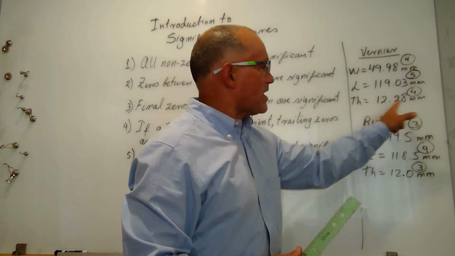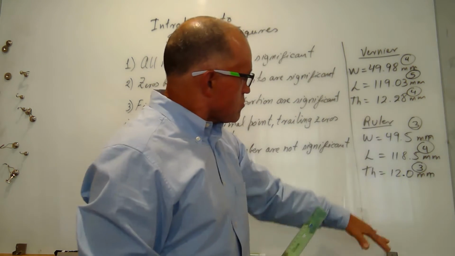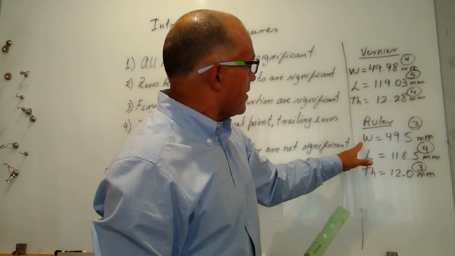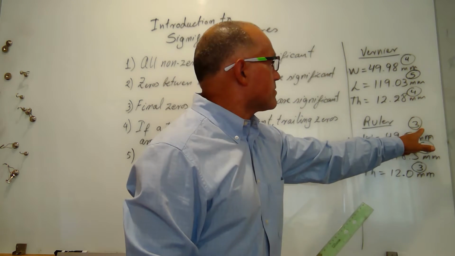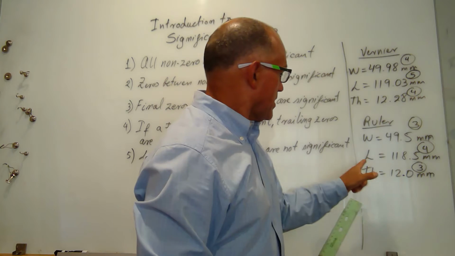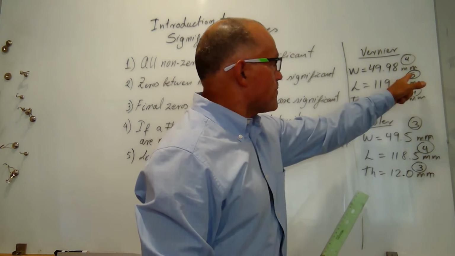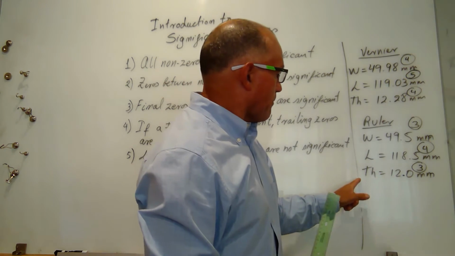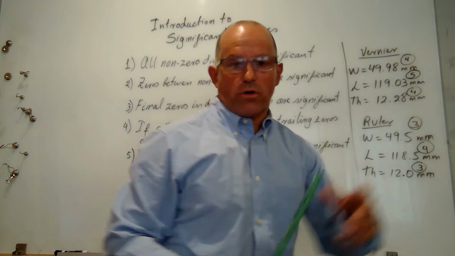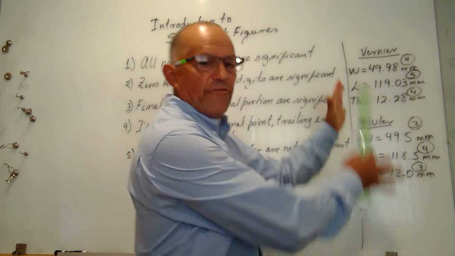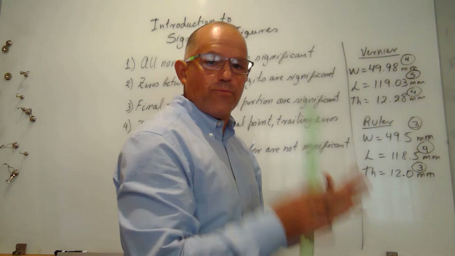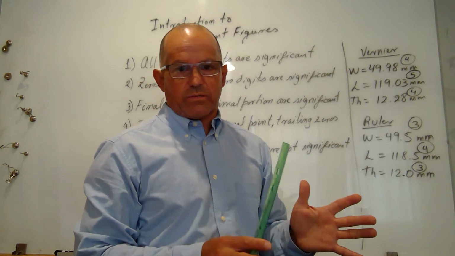For the thickness, I count 4. On the ruler, the width has only 3 significant figures compared to 4 with the vernier. The length has 4 compared to 5 from the vernier. The thickness has 3 compared to 4. So significant figures is very important in science and engineering.